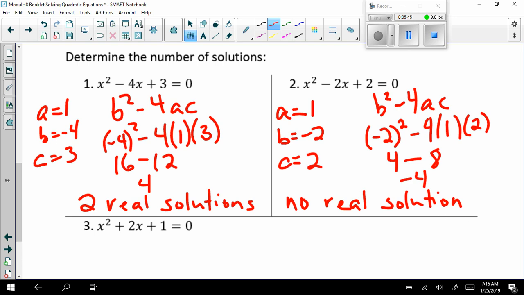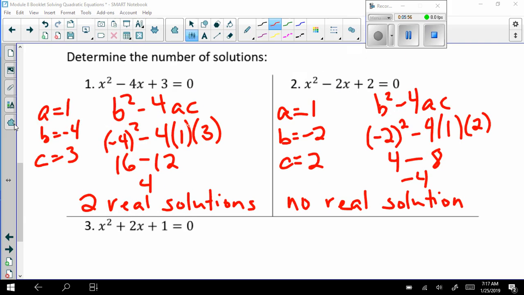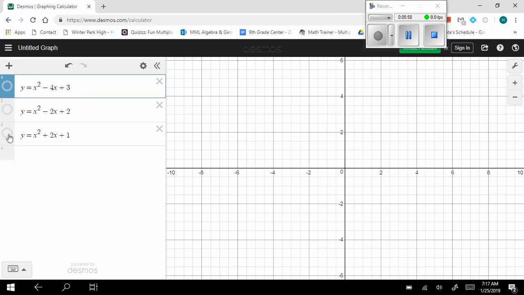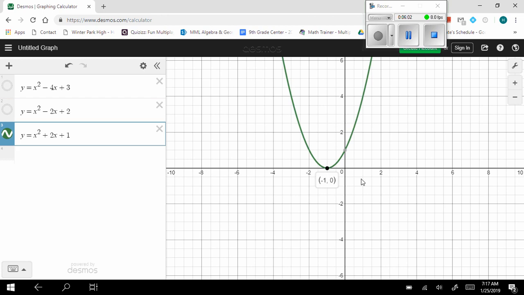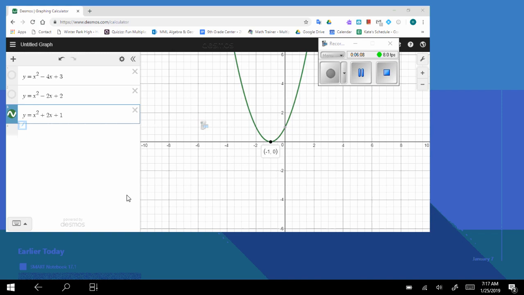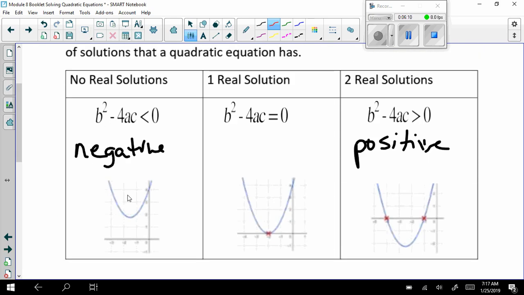Okay, one more example. This time I have x squared plus 2x plus 1 equals 0. Again, it's already in standard form, and I'm going to look at the graph of the corresponding function, previewing so I know what I should expect. You'll see on this one, my vertex is on my x-axis. So I'm going to get one solution. So I am expecting my discriminant to equal 0.